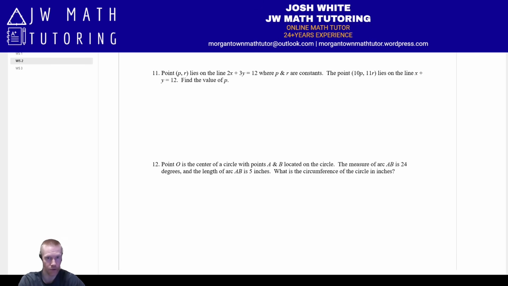Basically, I set it up that there was a point on one line, another point on a different line. They have P and R as constants. What's the value of P? All right, so what I did is basically plugged in P and R to each of them.